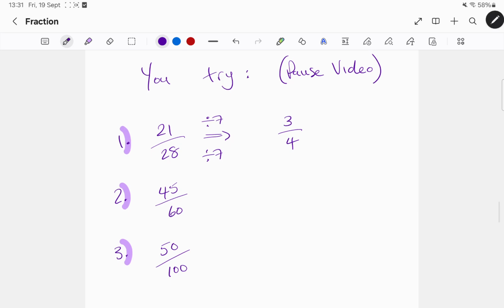Okay, how about 45 over 60? Now, the highest common factor is actually 15, but I'm going to do this how I imagine some of you would have done it, and recognise that, well, if a number ends in 5 or 0, then they will divide by 5. So we can divide by 5 first of all.